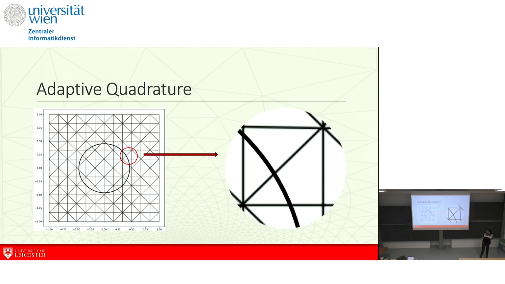And what we do is when we reach an element that is bisected by the level set, we split the quadrature. So instead of performing quadrature over the entire element, we now have a split quadrature between the area within the level set and the area outside the level set.